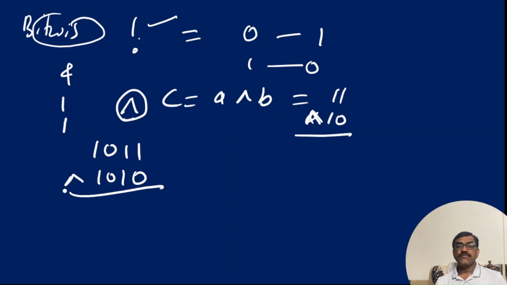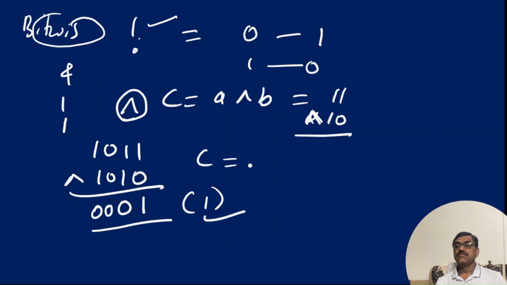While performing exclusive OR, it is similar to OR operation, but 1 and 1 becomes 0. So 1 and 1 becomes 0, 0 and 0 is 0, 1 and 1 is again 0. In this case, we are going to get the decimal value 1. So by performing C equals to A exclusive OR B, we are getting the decimal number 1. So this is about bitwise exclusive OR.